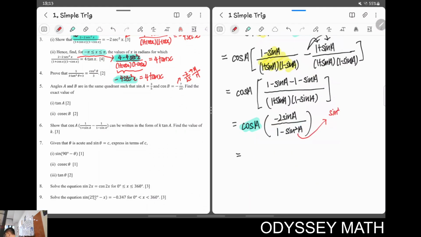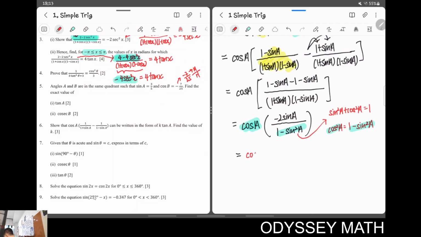Okay, note that sine square A plus cosine square A equals to 1. So cosine square A would be equals to 1 minus sine square A. So I will replace this in here.